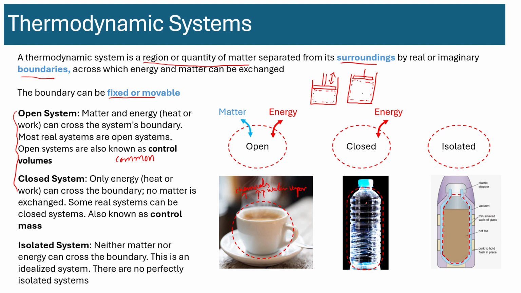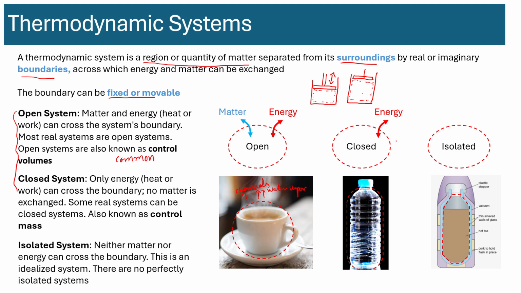You can cool the water by putting it in a fridge, or heat the water by leaving it outside in the sun or in a hot room. So there is transfer of energy, but essentially the molecules inside are trapped. So there's no matter transfer. Such a system is called a closed system.